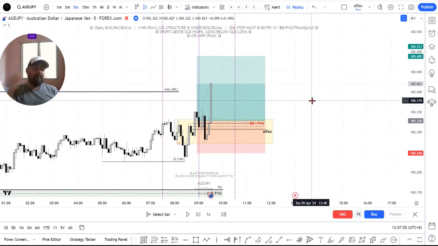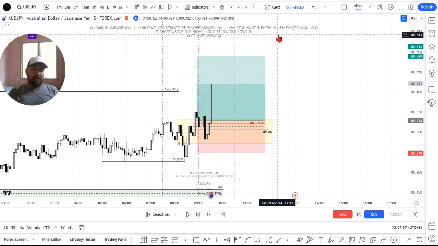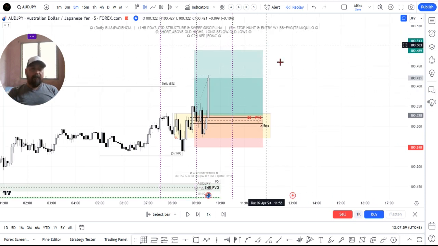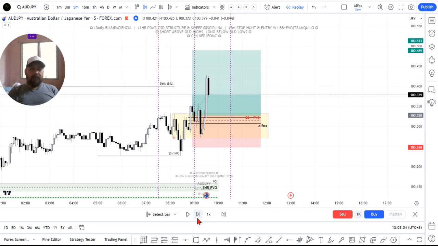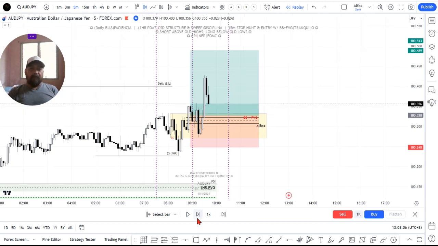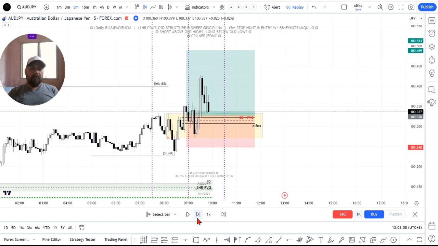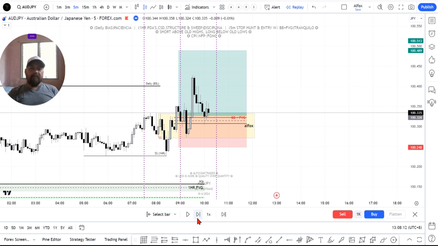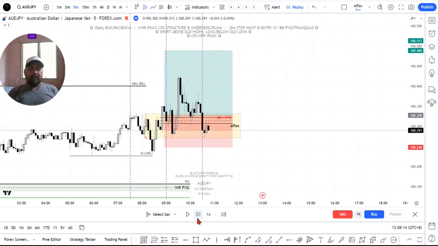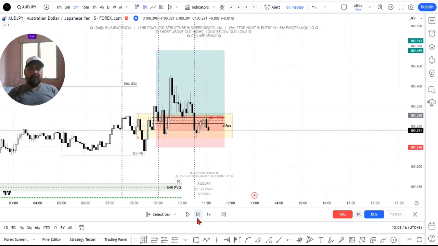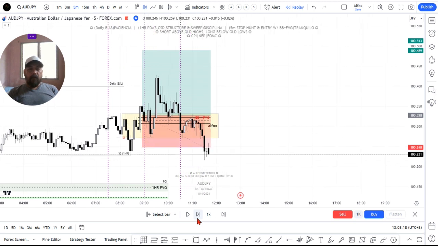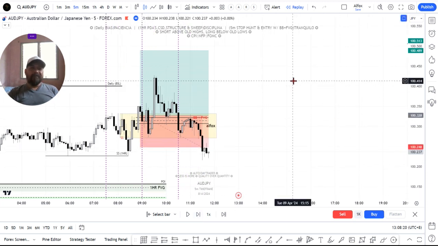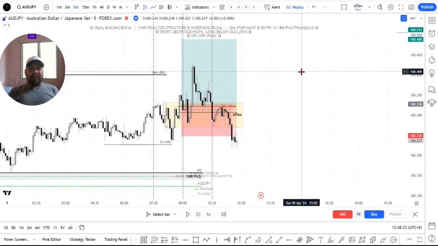We have to wait until price hits our TP. The next candle went down a little, went down more, and it danced around. And as you can see, boom.